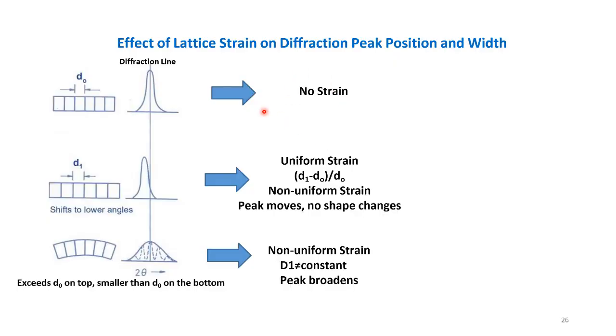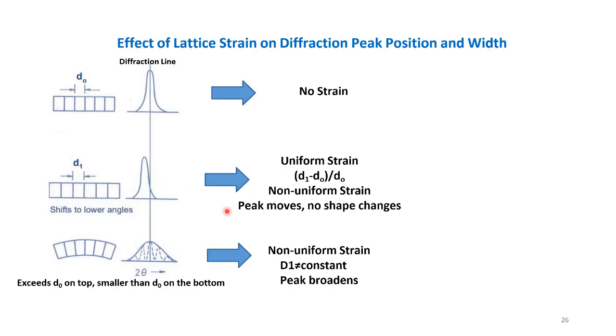Then the peak broadening, as I told. If the peak is broadening, that means there is a strain in the sample. As you can see, it should be straight, but it is distorted, and because of that we are getting a broad peak. So it is non-uniform strain, and here we are not getting constant peak broadening; it is randomly broadened.